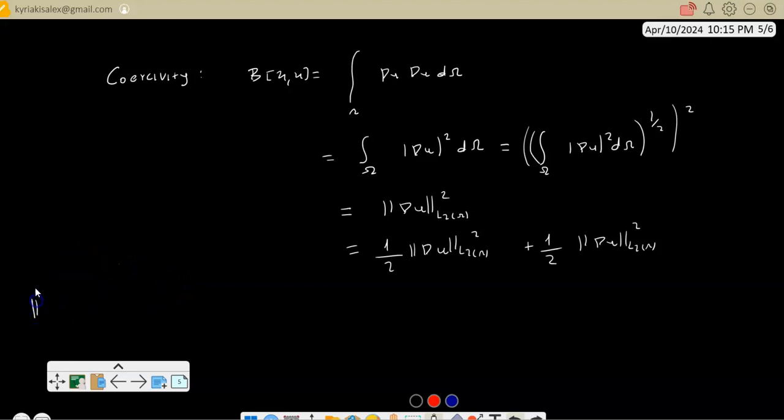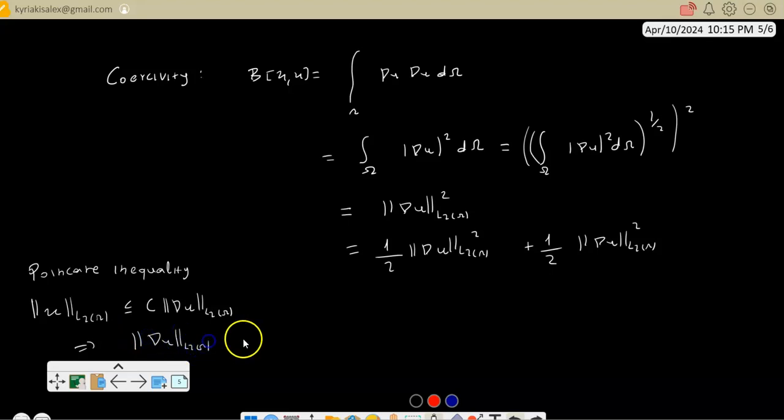Now I use the Poincaré inequality, which says that the norm of u in L2 is bounded by a constant times the norm of the gradient of u in L2. Now I reverse this inequality. And this is greater than 1 divided by c times the norm of u in L2.